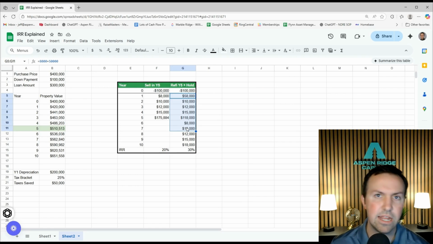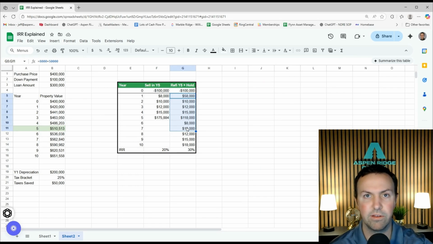If you don't need the cash today and you'd much rather go for doubling your money quicker in a property with no cash flow, that's what you should go for. If you want cash flow today and you don't care about a big sale down the line, that's what you should go for. They may have the same IRR, or the one strategy might have a higher one, but you have to understand your strategy and figure out which opportunity is going to be the best for your strategy.